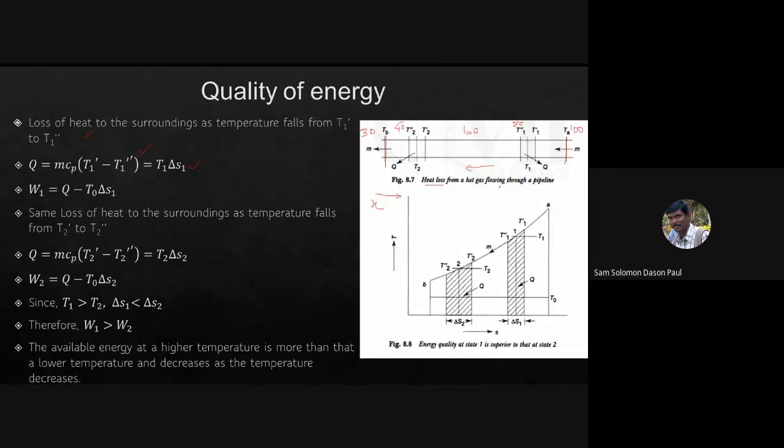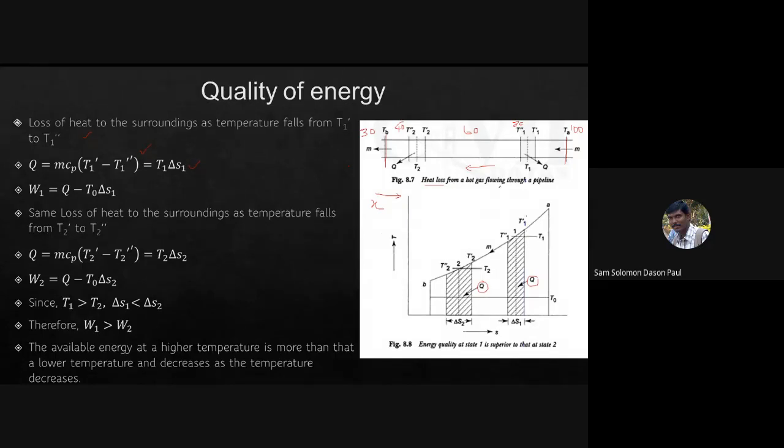Similarly, if we assume that Q is the amount of heat loss when the temperature falls from T1 dash to T1 double dash, I assume the same amount of heat loss happens when the temperature drops from T2 dash to T2 double dash. It need not be, but we assume that.